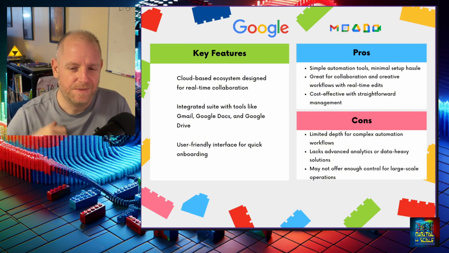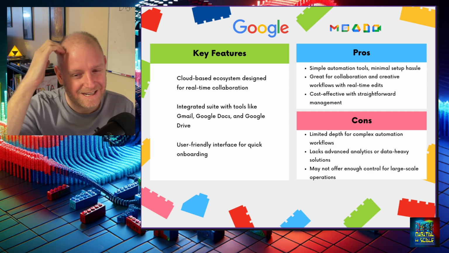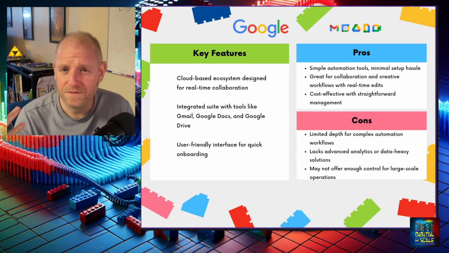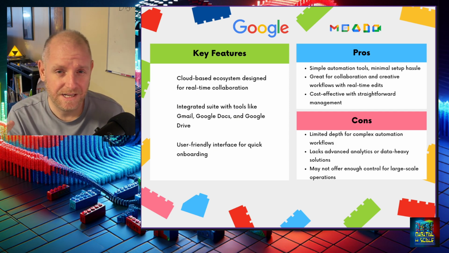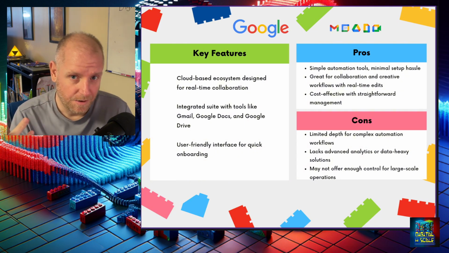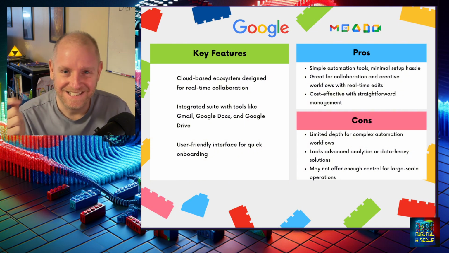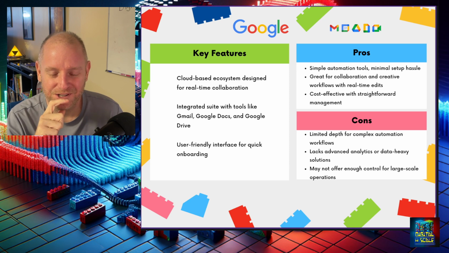Some of the cons, so basically it does lack some of the complex automation workflows and some of the AI governance that Microsoft offers that I know of right now. This is another thing, is I get to research a lot of these tools as well during this challenge.